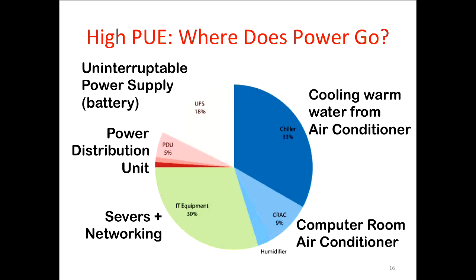Also, the cooling systems have to deal with the heat produced by the computing unit, right? So by improving this portion, we may reduce the energy consumed by the cooling system.